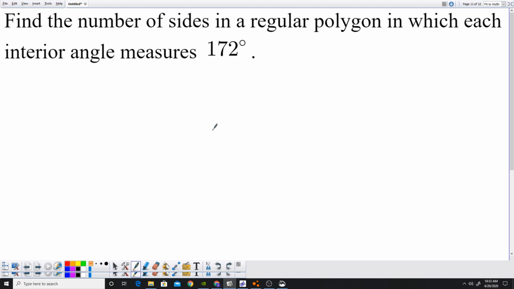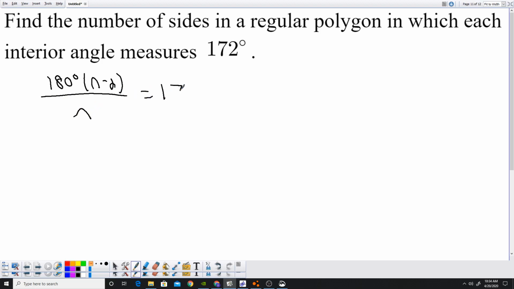So, we know that the formula we have for interior angles is 180 degrees times n minus 2 for the entire sum, but to find the individual angle measure of 172, it would have to divide by n.